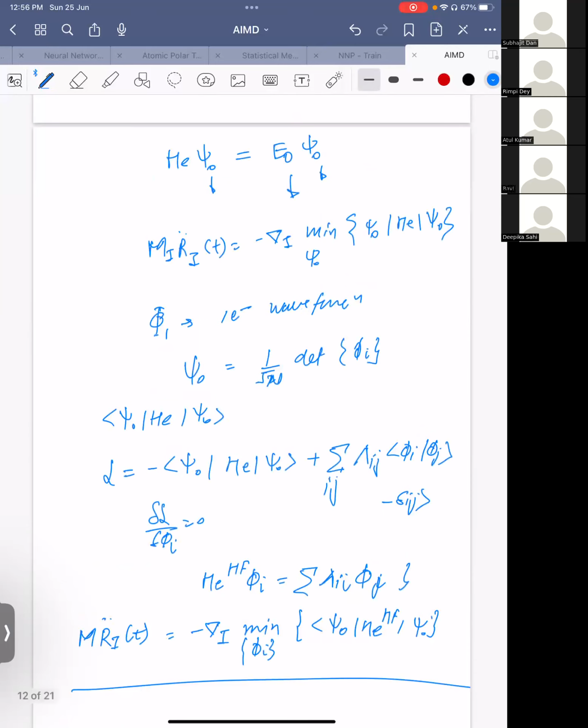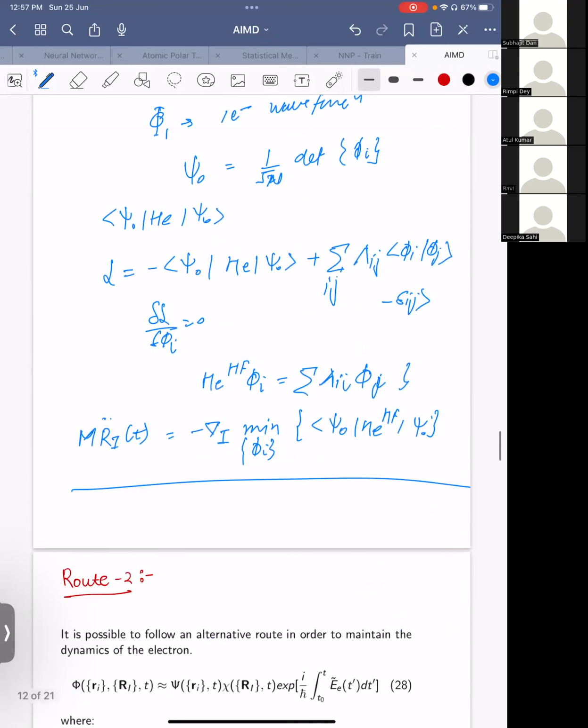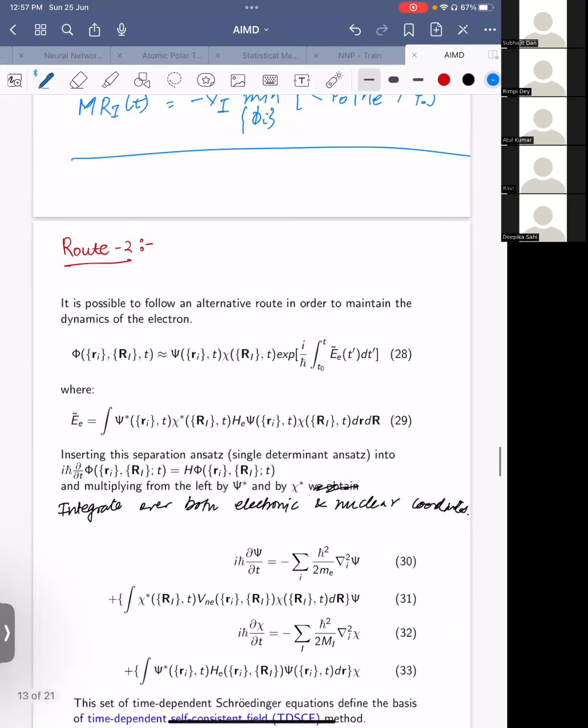Now our goal has shifted from approximating the Newton equation of motion to approximating the Schrodinger equation, using some approximation to solve it. So it can be Hartree-Fock.